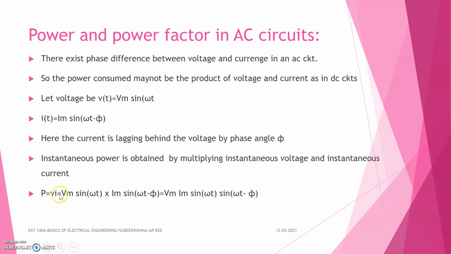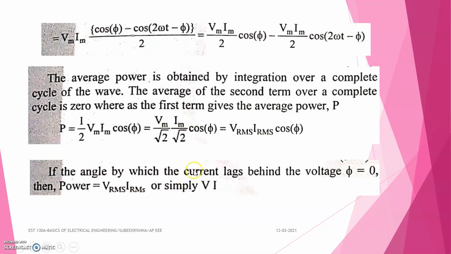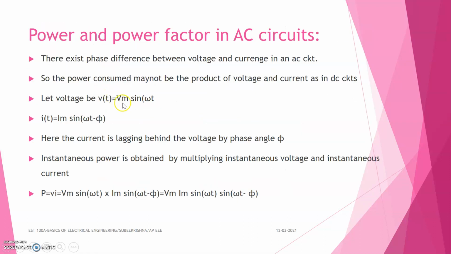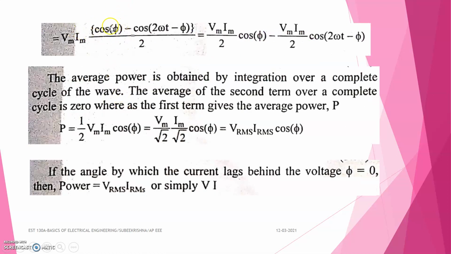So p = v into i, where v is Vm sin ωt and i is Im sin(ωt − φ). So we get Vm Im sin ωt into sin(ωt − φ). That can be written as Vm Im times [cos φ − cos(2ωt − φ)] divided by 2. Vm Im divided by 2 is common to both terms, so we can expand this as Vm Im divided by 2 into cos φ, minus Vm Im divided by 2 into cos(2ωt − φ).